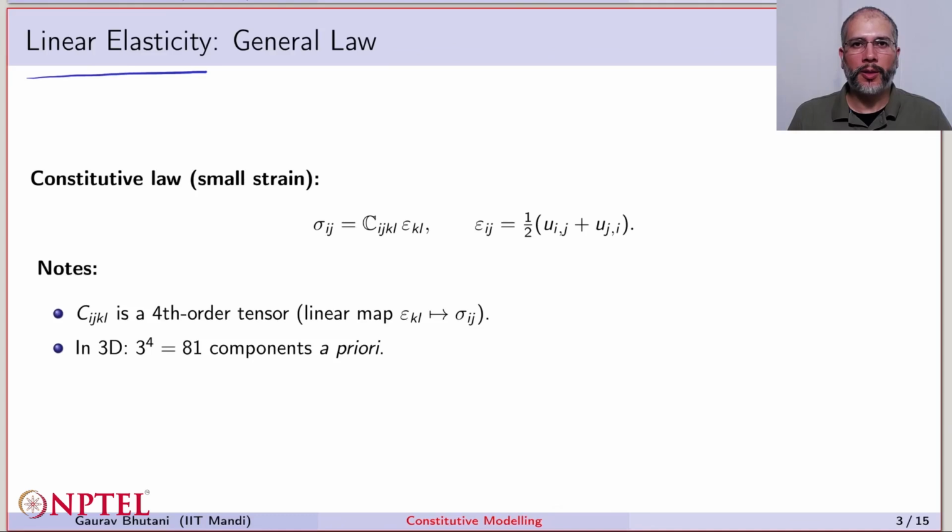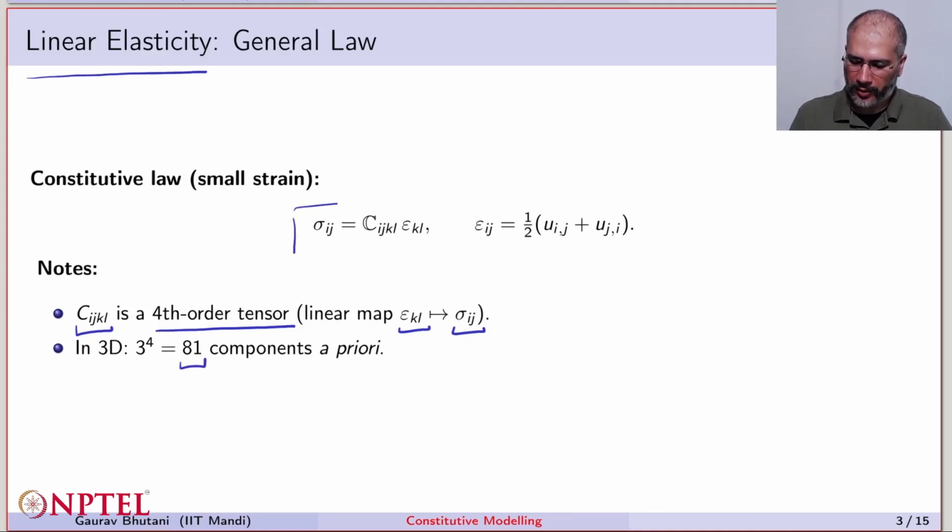So the constitutive law in the case of linear elasticity is that sigma_ij is written as the constitutive tensor C_ijkl times epsilon_kl. This constitutive tensor C is a fourth order tensor that allows us to map the strains to the stresses, and in 3 dimensions it will have a maximum of 81 components in principle.